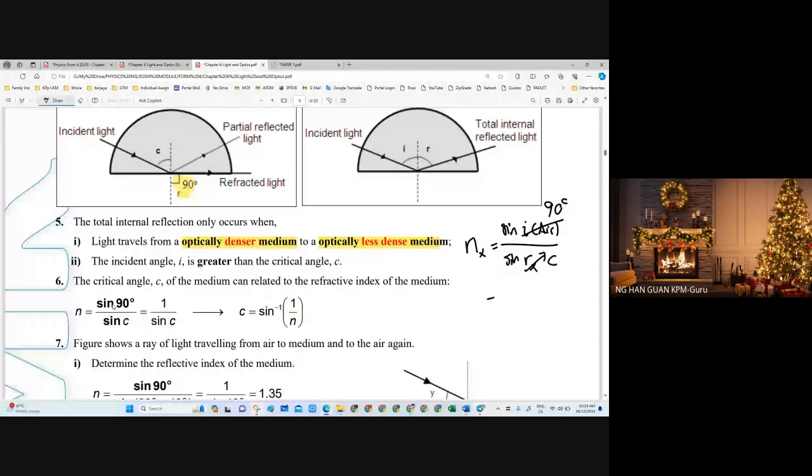So it becomes sin 90 degrees over sin C. Sin 90 degrees is equal to 1, so 1 over sin C is the refractive index of the medium. Or when we know the refractive index of the particular medium, we can use n equals 1 over sin C to determine the critical angle of the medium.